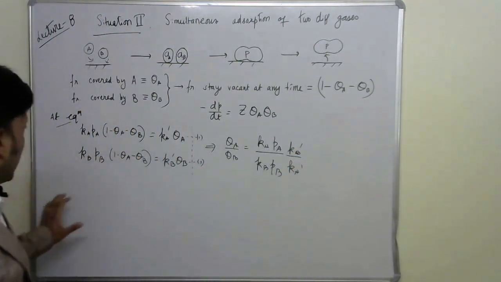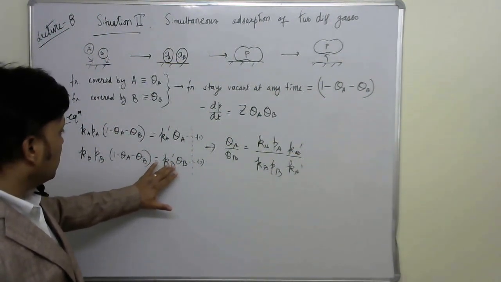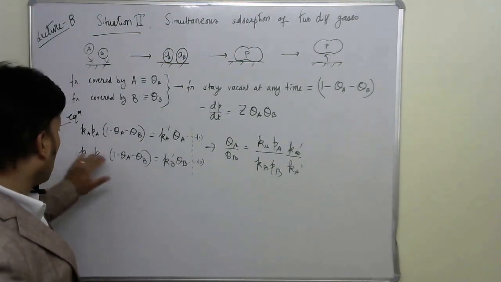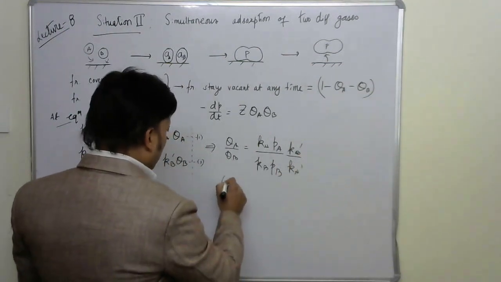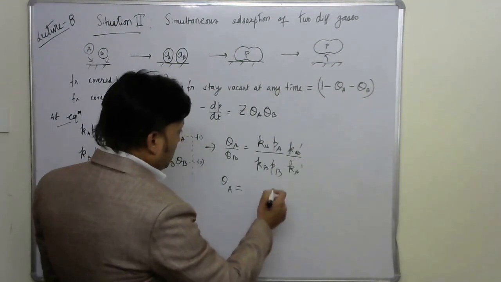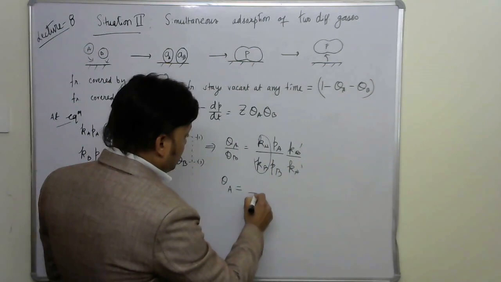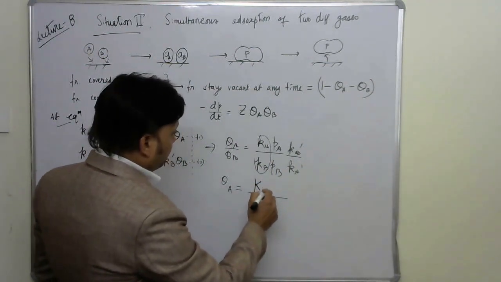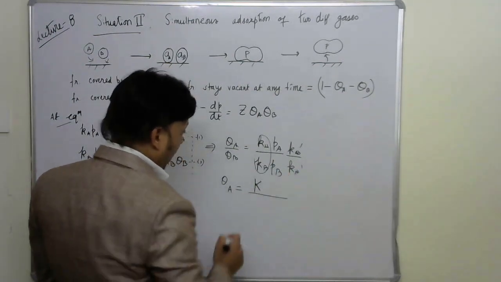It's needless to say that Ka prime and Kb prime define the constants for desorption, and Ka and Kb define the constants for adsorption. So from this we can express the value of theta A by this. Here if we look, Ka divided by Ka prime becomes the equilibrium constant.